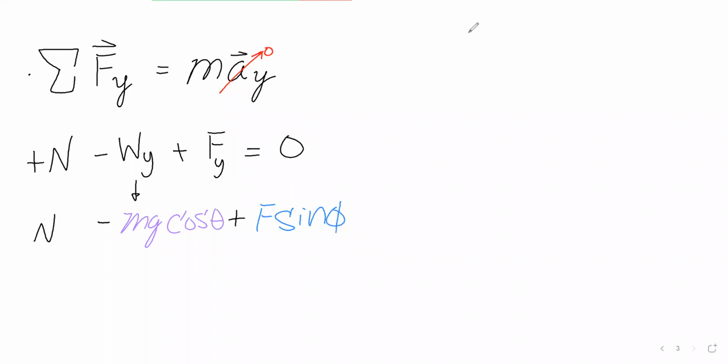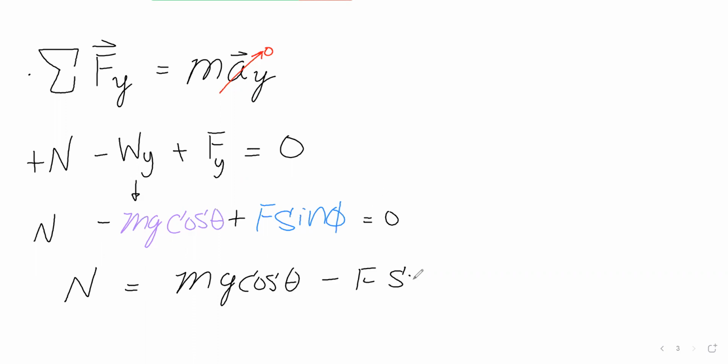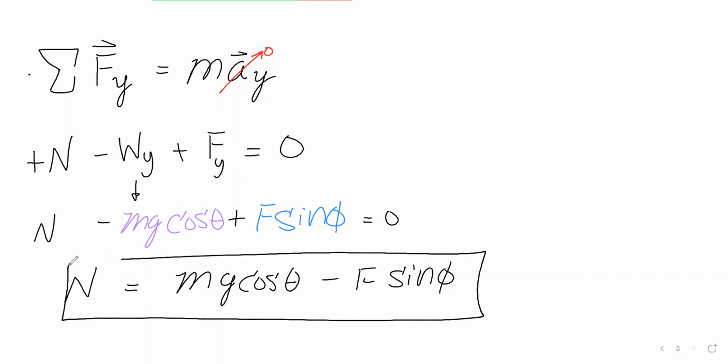And this is equal to 0. Perfect. And let me isolate n now, because that is our goal. So n would equal mg cosine theta, I add that to both sides, minus F sine phi. This is equation 2.